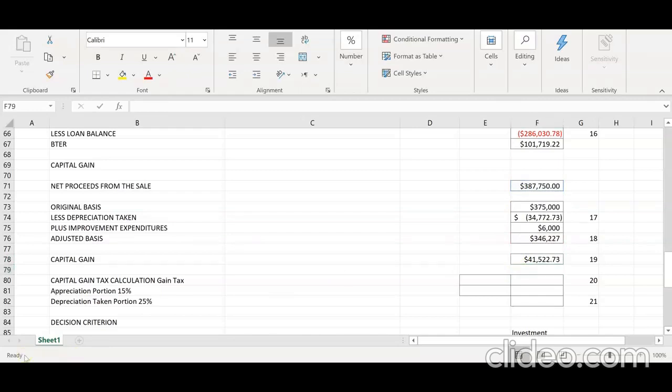The capital gain is my next step to calculate the capital gain tax. I started by separating the two portions, which are the appreciation and the depreciation taken portion. The depreciation taken portion is calculated.